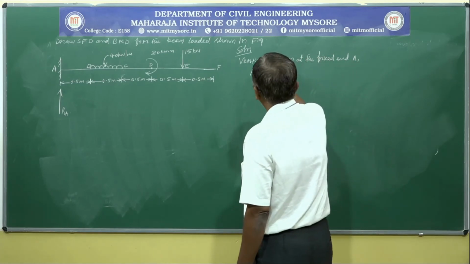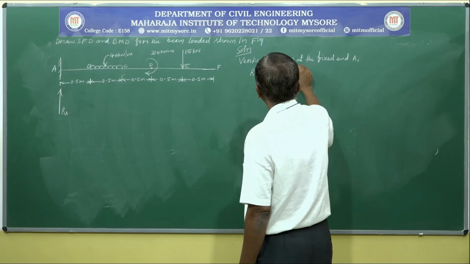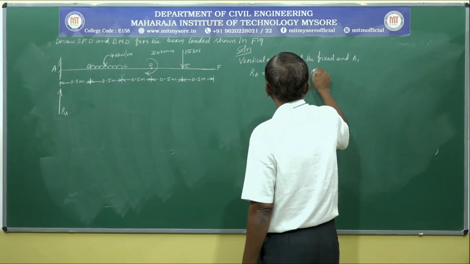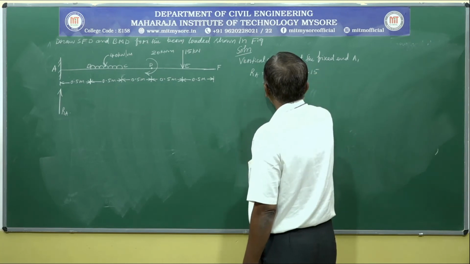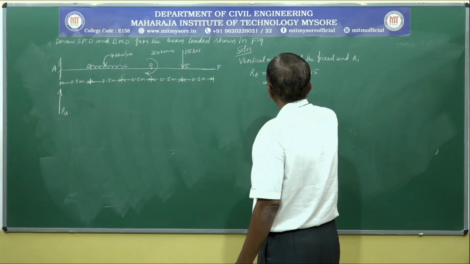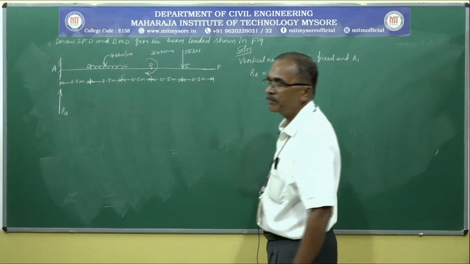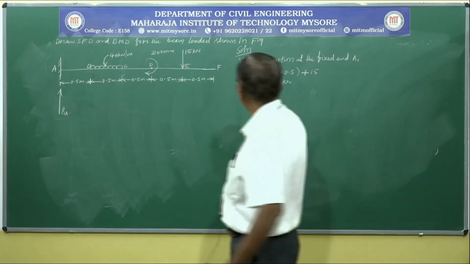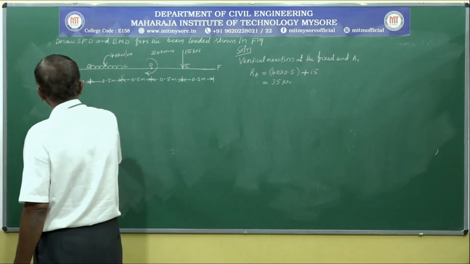It is 40 into 0.5 plus 15, that is equal to 35 kilonewton. Do not consider the moment. So vertical reaction at point A is equal to 35 kilonewton.